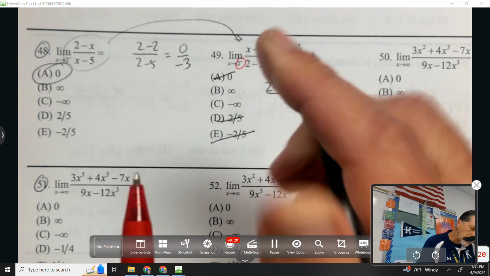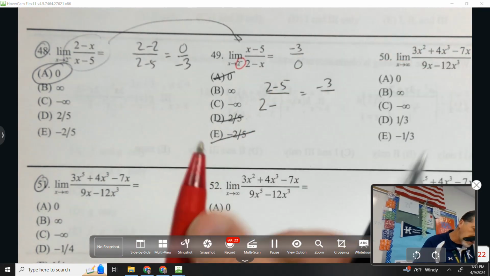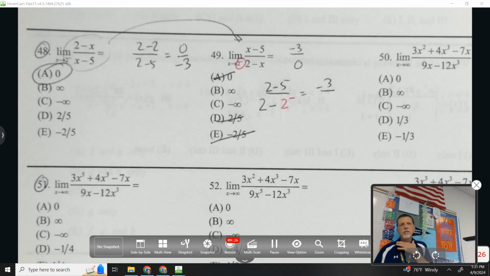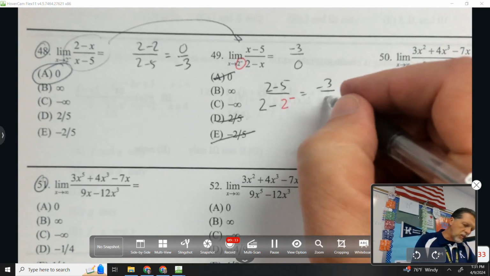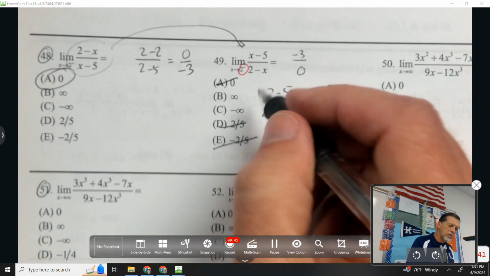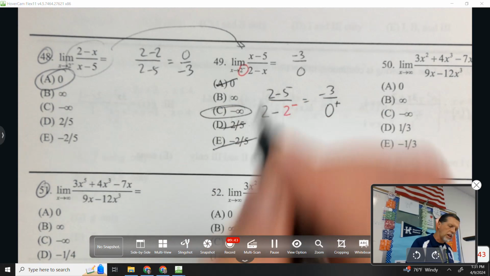It's the 0 that I'm worried about. 2 minus 2 from the left. So a little less than 2 is like 1.9. So we're headed to 0, but it's going to be a positive 0, or a positive number close to 0. So negative 3 divided by positive 0 would be negative infinity.